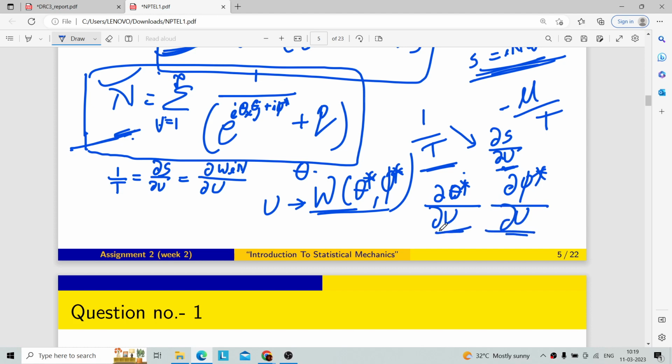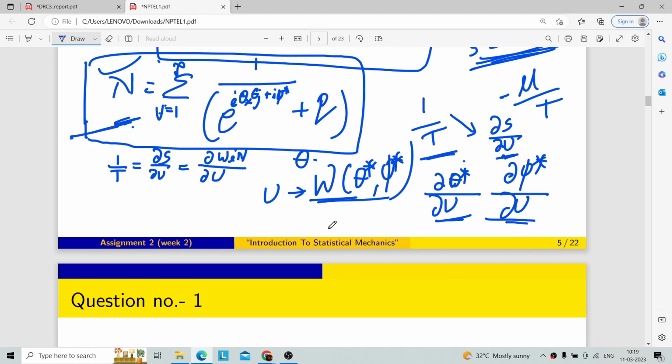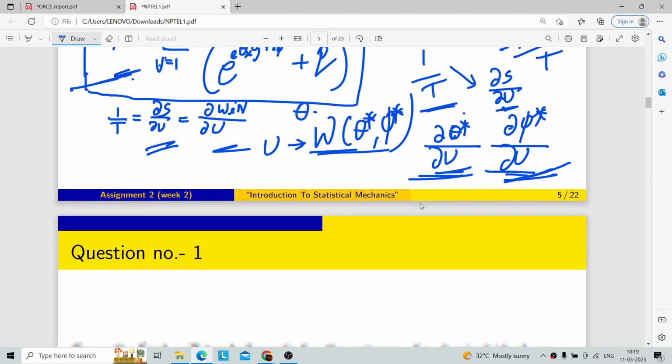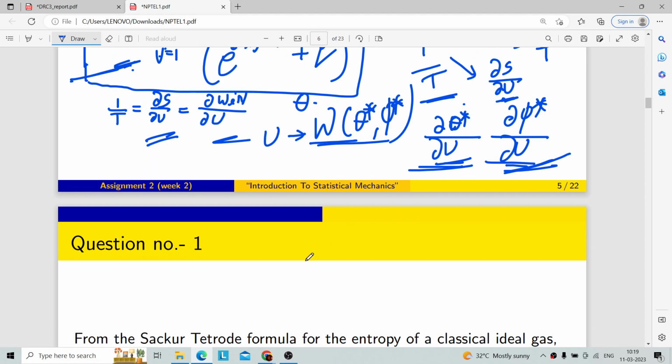If you apply chain rules, you will get terms like this.